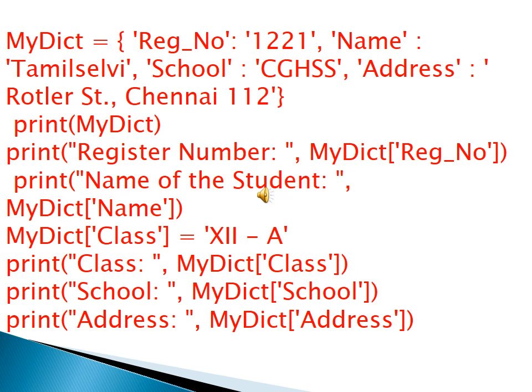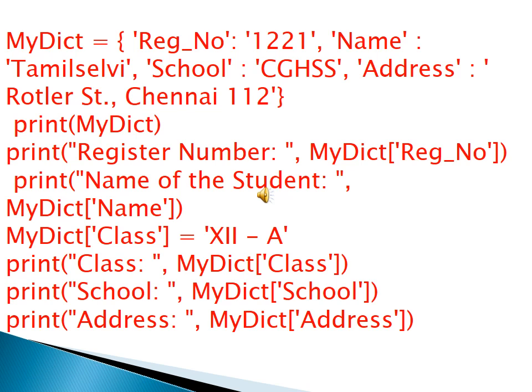It is going to print all the key values available inside the dictionary, the register number, name, school, and address, which we have already given.